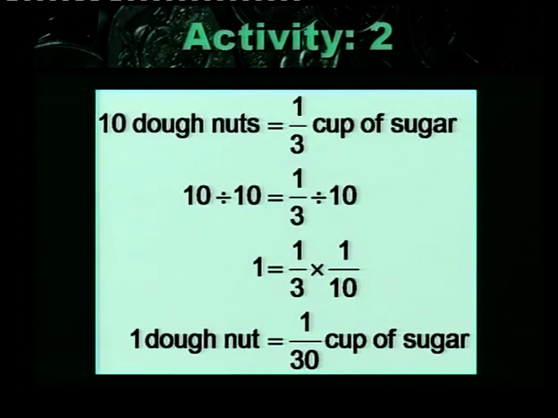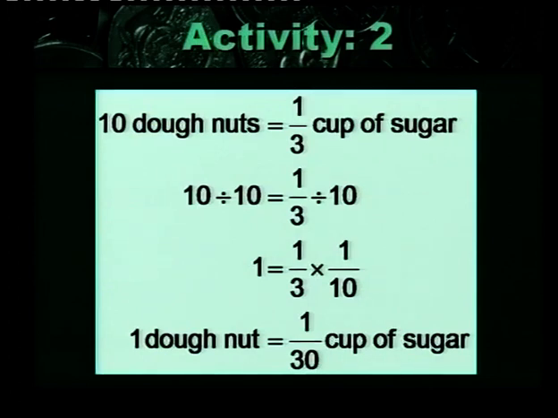So we are going to divide 10 by 10 and also divide the 1/3 by 10. So it will give us one donut is equal to 1/30 cup of sugar.